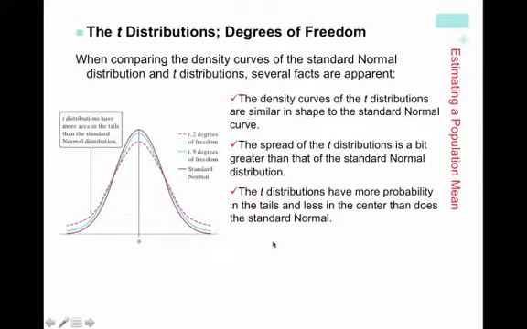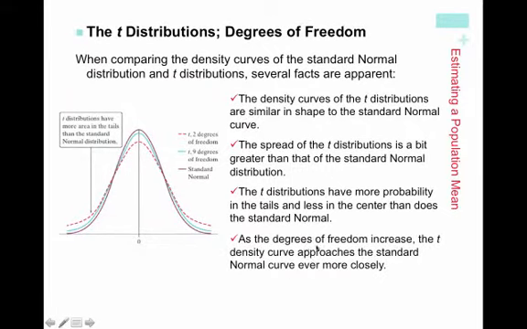And as the degrees of freedom increase, our t distribution approaches the standard normal curve even closer. So as n gets bigger, we get closer to our standard normal distribution, our nice bell curve that we use z-scores with.